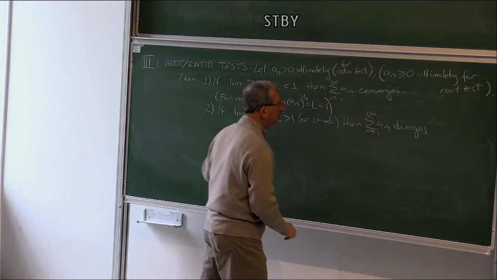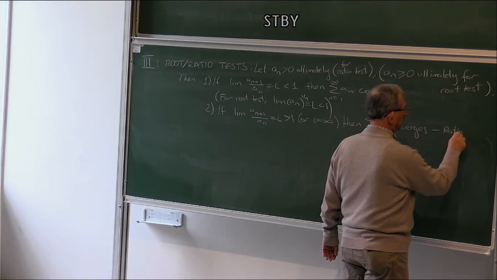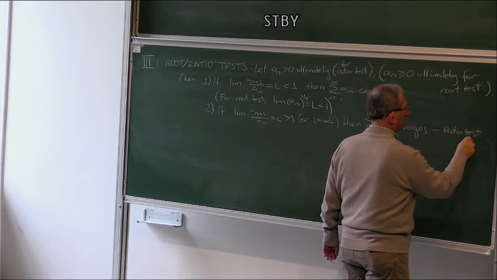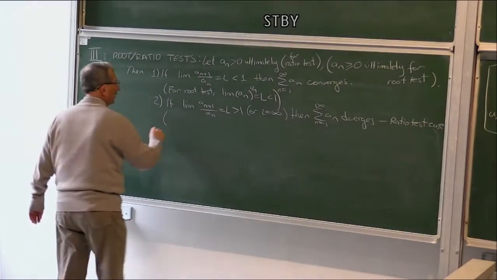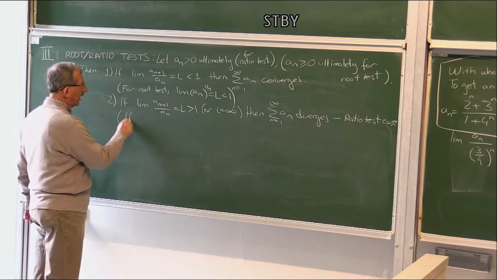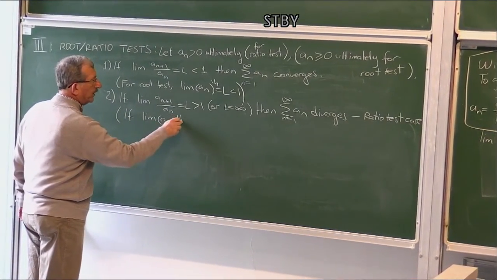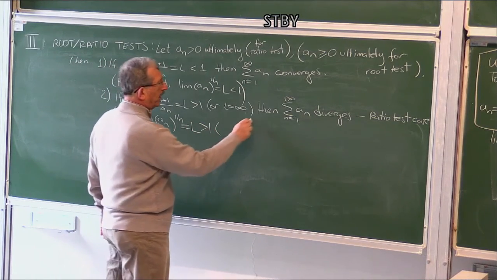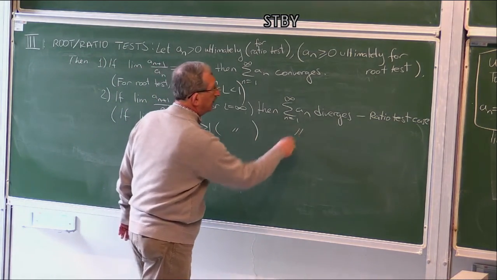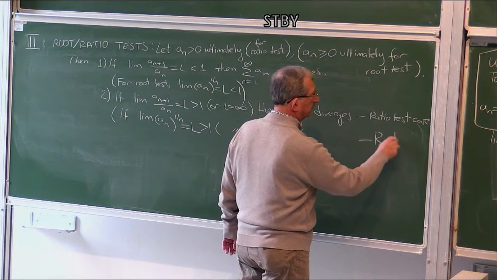Again, this is the ratio test case. For the other one, you look at the limit of a_n to the power 1 over n is L bigger than 1, or L is infinity, then this diverges. This is the root test case.